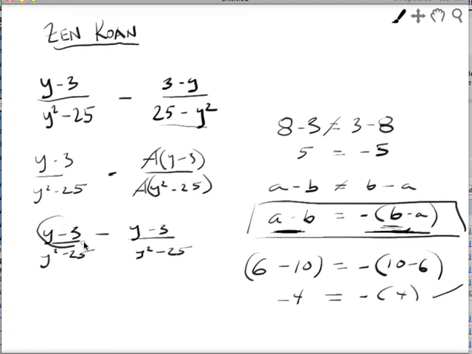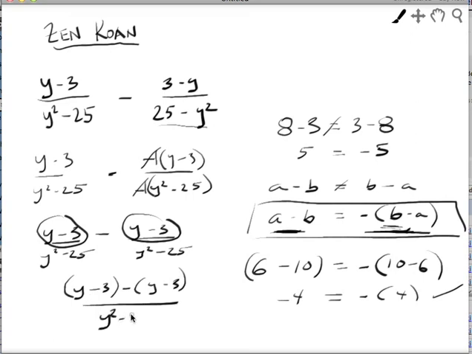So we're going to have y minus 3 minus y minus 3 on top, and y squared minus 25 on the bottom. Clearly, these are the same numbers, and when you subtract the same numbers from each other, you get 0.